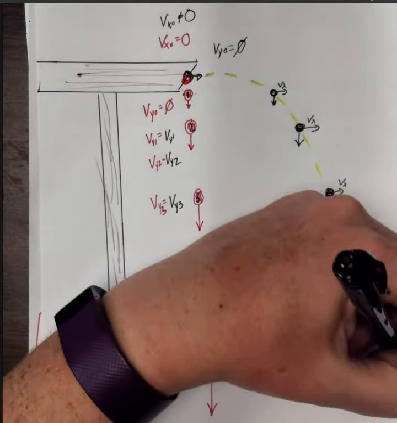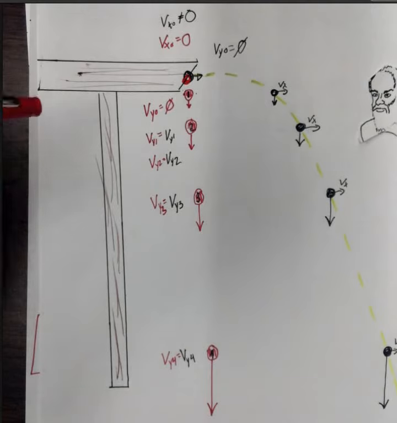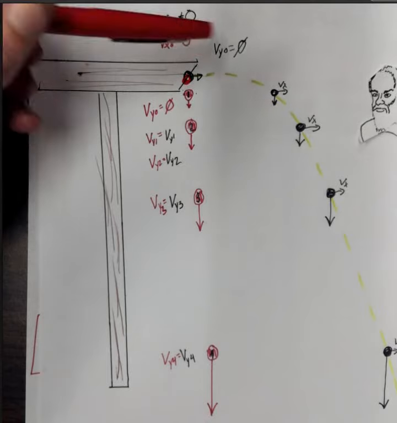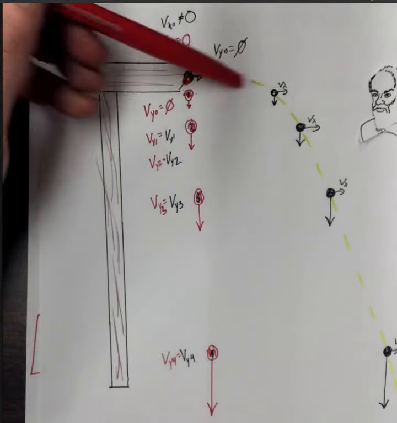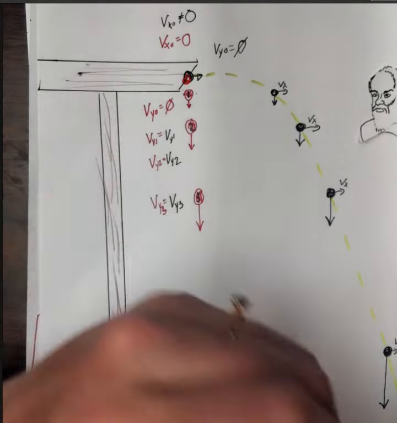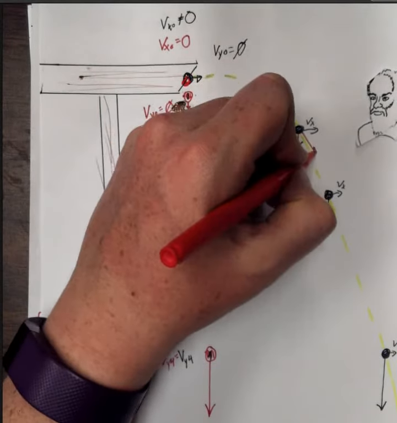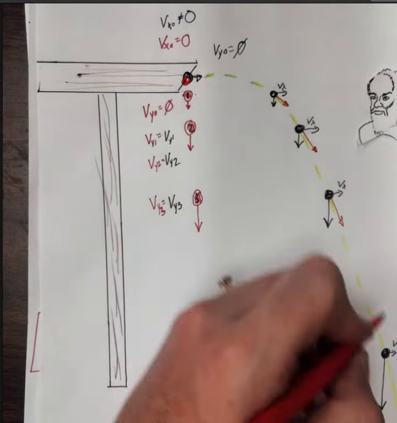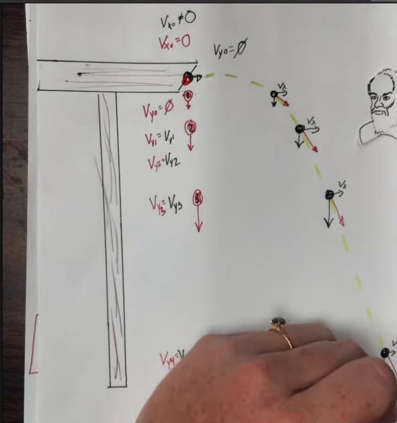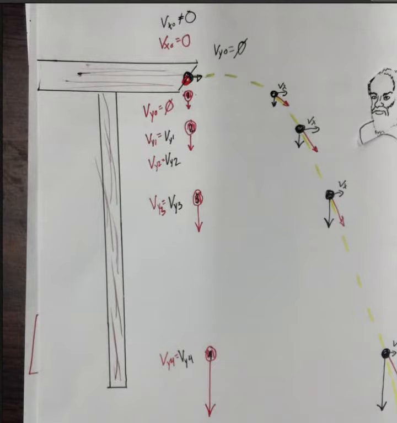Alright, because if we consider Galileo's idea about the projected ball, then we know that the velocity of the ball is a result of its x velocity moving in the horizontal direction and its y velocity falling due to gravity, and that means that its resultant velocity would be the vector addition of Vx and Vy all the way across the path.